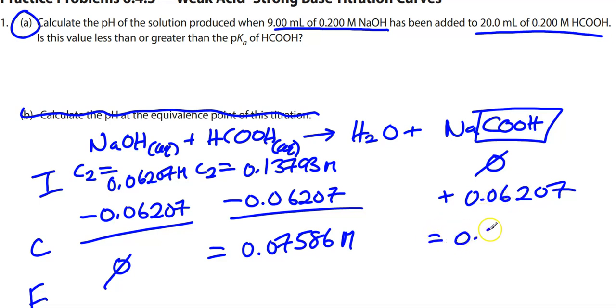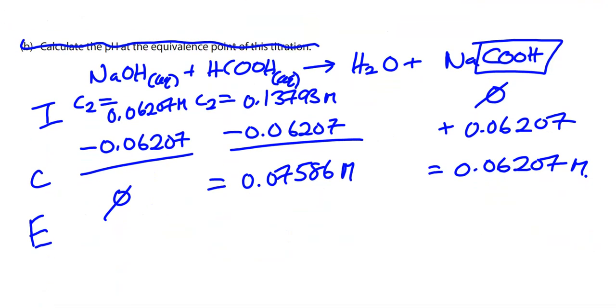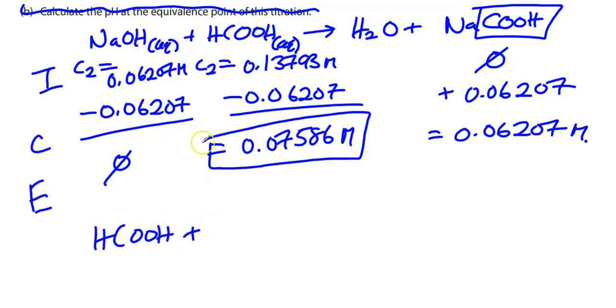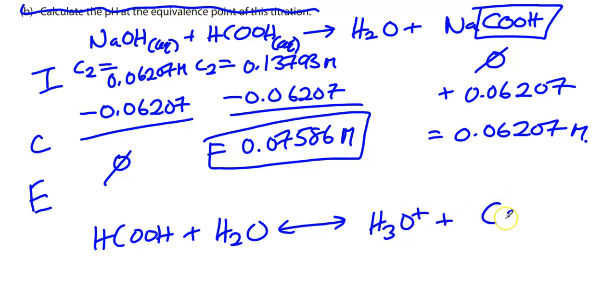So we have 0.06207 on our product side. Now, why is this important? Because we still have some HCOOH remaining, we have an equilibrium with that weak acid. Right, so this is making H3O plus and HCOO minus.